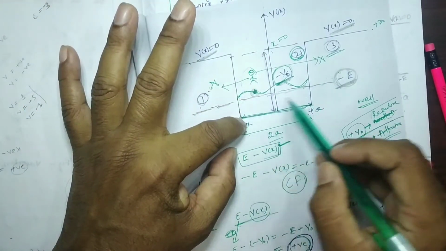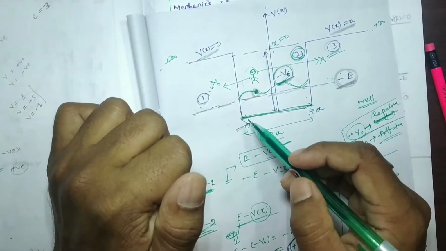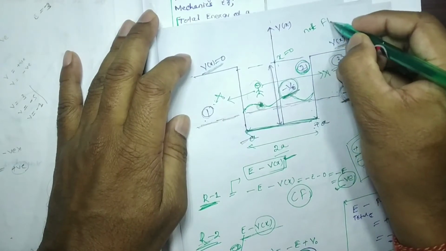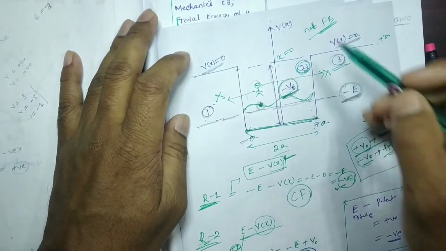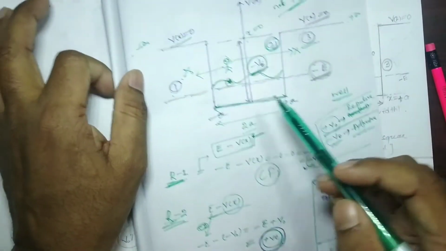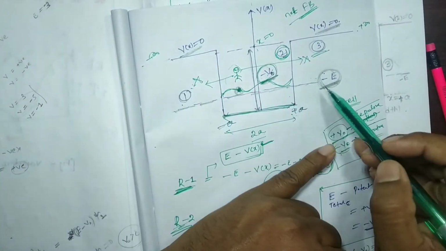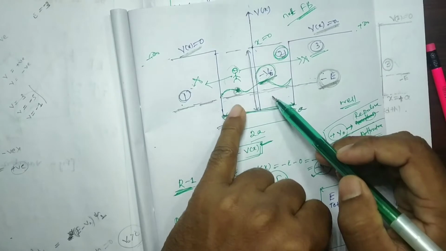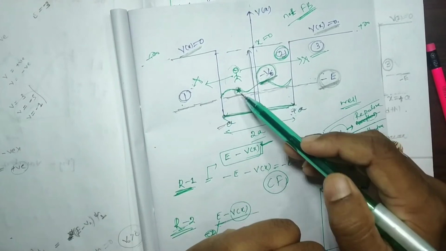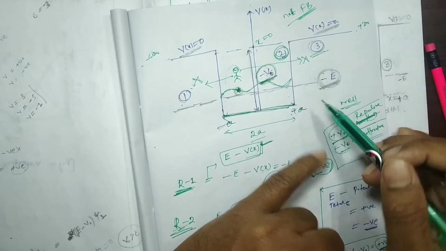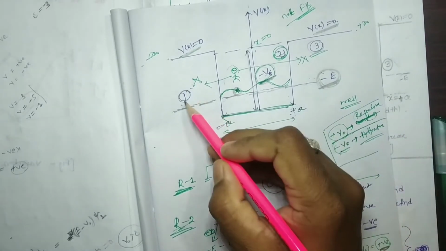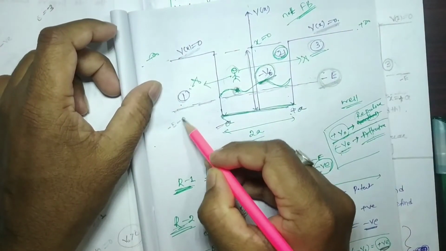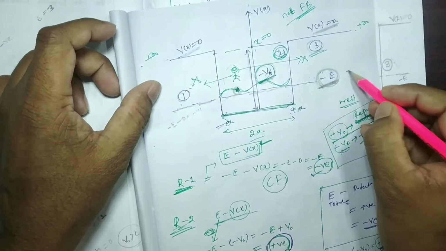This region is not the forbidden region, I am telling you, not the forbidden region. That means classically, if the energy is greater than the potential energy in a region, in that region the particle is in motion. But if we consider region 1, minus E minus 0 is negative, and here also negative.